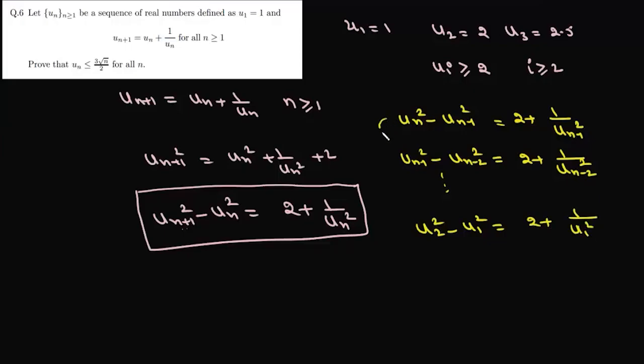Now if we add all of them, then these successive terms will cancel. So we can write Un square minus U1 square, and here this is 2 plus 2 plus 2, from 1 to n minus 1, n minus 1 times.